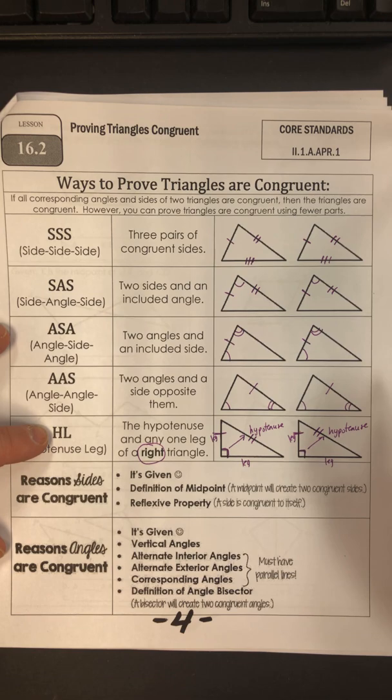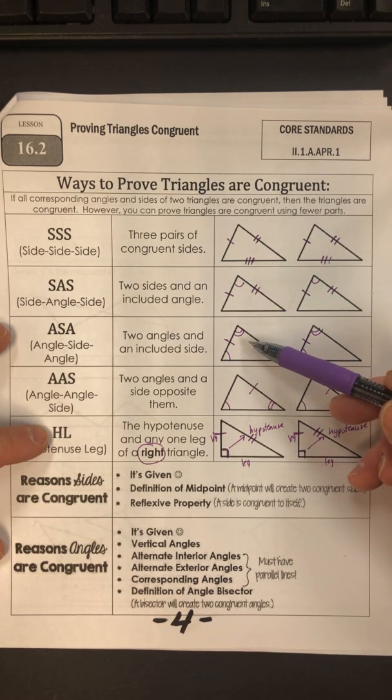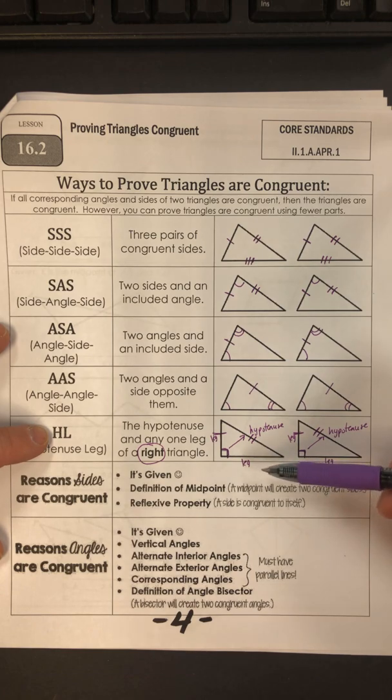Okay, we don't use that. That's not a rule, okay? Unless it's a 90-degree angle and one of those sides is the hypotenuse. Okay, if you had the other side, this would be angle, side, angle. If the other legs were congruent, it would be something like angle, side, angle, even though it's 90 degrees.